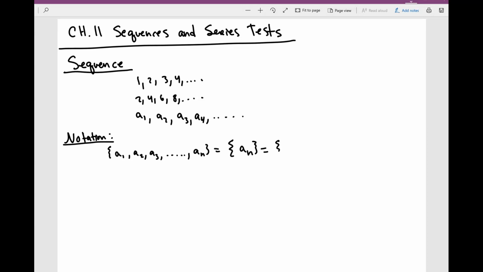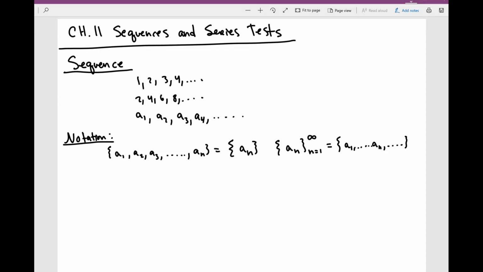Sometimes books write A sub n, with n going from 1 to infinity. Here we're not talking about a finite sequence. This basically means you're going from A1 and continuing through AN, continuing basically forever.